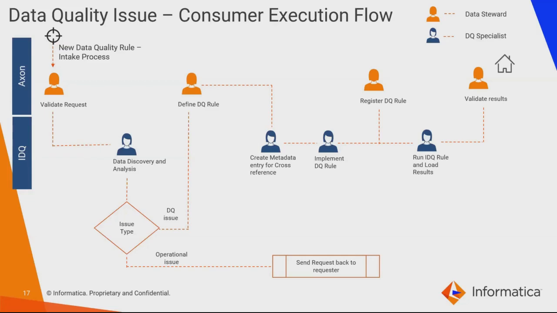But based on the analysis, the steward can either refine or define the rule. They may already have a rule which they may want to revisit based on the new findings, or the rule is already in place. Typically, in order to put validations in place and get that kind of collaboration going, a lot of our customers have some sort of abstraction layer between Axon and whatever technology they are using to perform DQ validations.